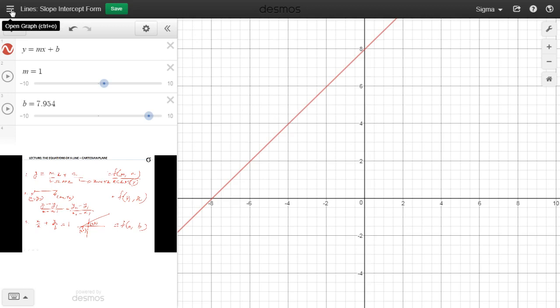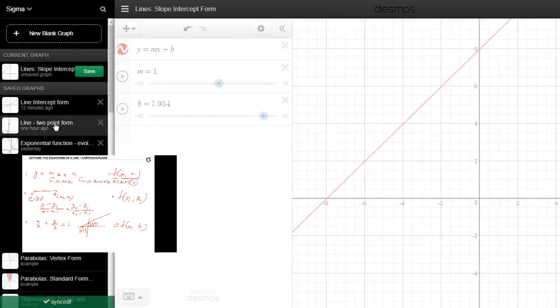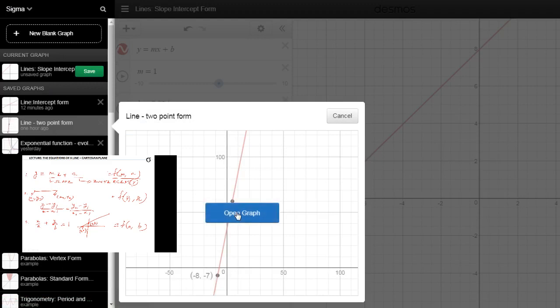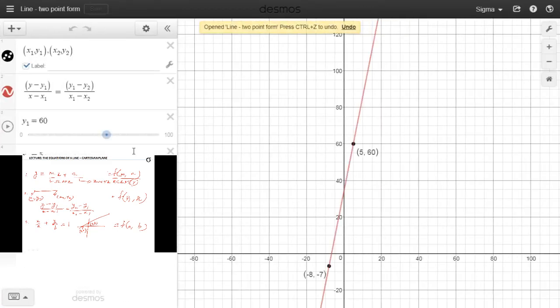Now let's look at the two-point form. Same thing. What I've done here is I've set up two points, x1, y1 and x2, y2, and I have labeled this so that this is absolutely clear to you. We are running x1 from 0 to 100 and y1 from 0 to 100.